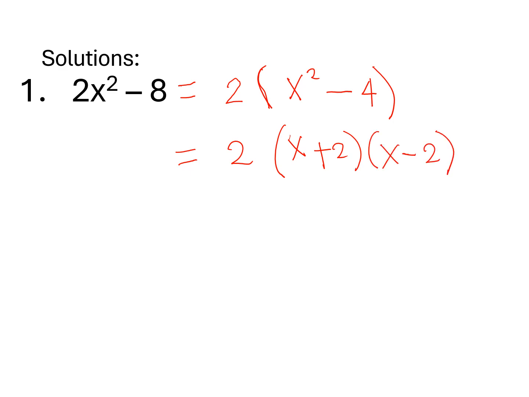Why? Because it represents a difference of squares. So you can verify your factors by using the FOIL method to check if their product equals the original polynomial.